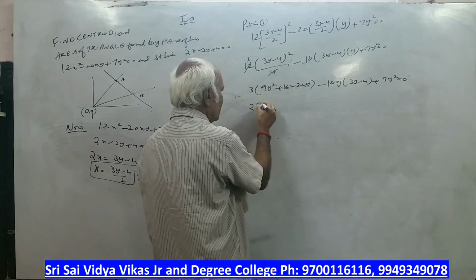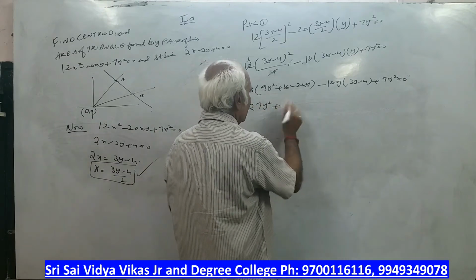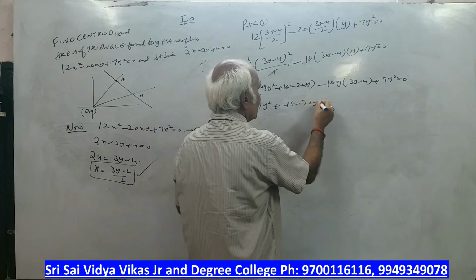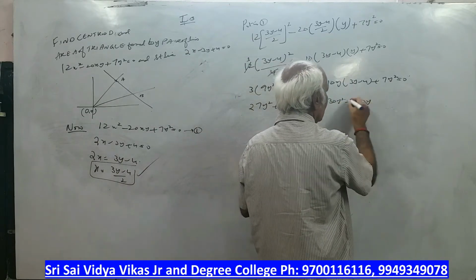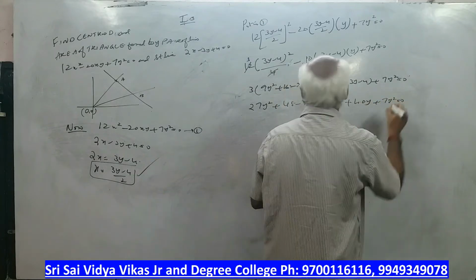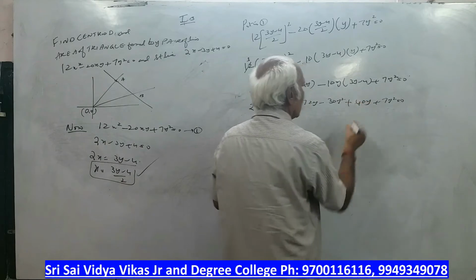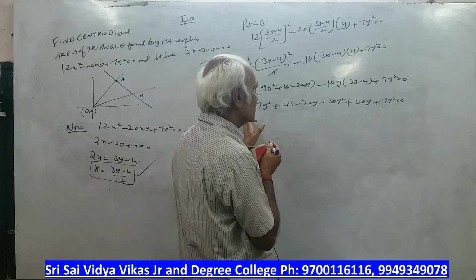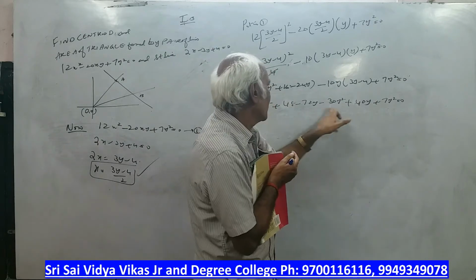Open the bracket: 27y square plus 48 minus 72y minus 30y square plus 40y plus 7y square. So 27 plus 7 is 34, 34 minus 30 is 4y square.